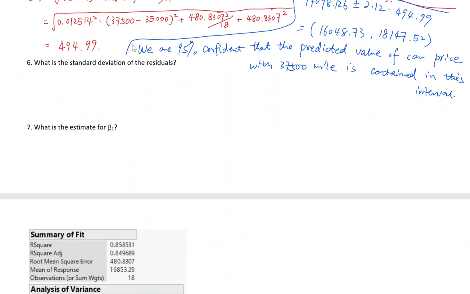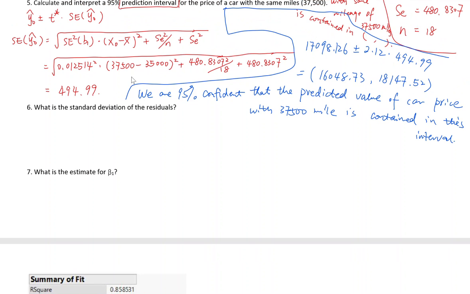Alright, okay, so number 6. What is the standard deviation of residuals? Right, so first, what is the notation of it? Standard deviation of residuals is just SE. So how to find the SE? We say SE is also called the root mean square error in the output.